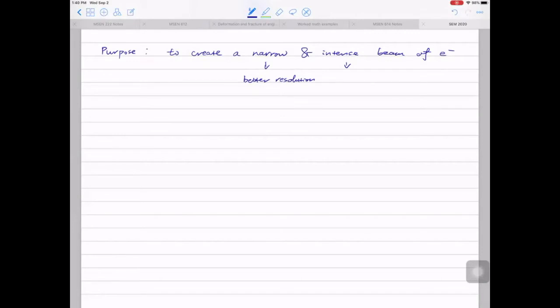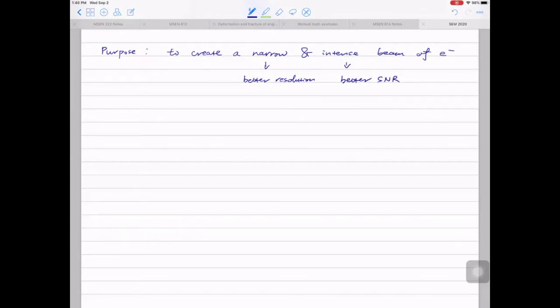Intense does not guarantee you a better spot size. Narrow gives you a better spot size. But why intense? Get past the noise? Excellent, excellent. So in this case, if the beam is intense, we'll get better signal to noise ratio, or just say SNR.